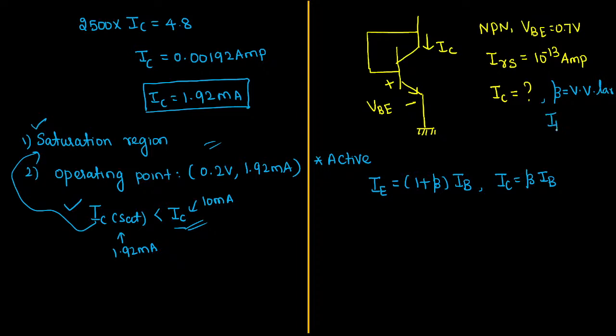When beta is very, very large, approximately the value of base current is equal to 0 ampere. Then approximately emitter current will be equal to, 1 plus beta will become what? Beta only. Similarly, collector current IC is already equal to beta times IB only.